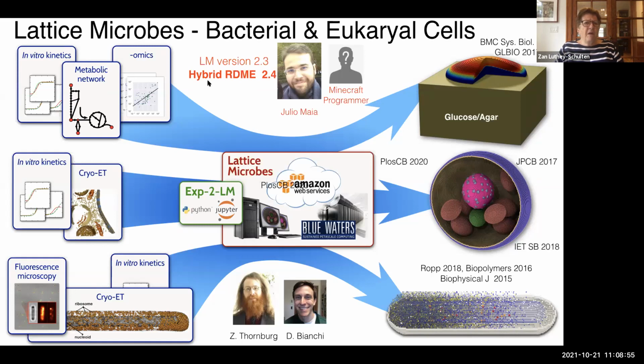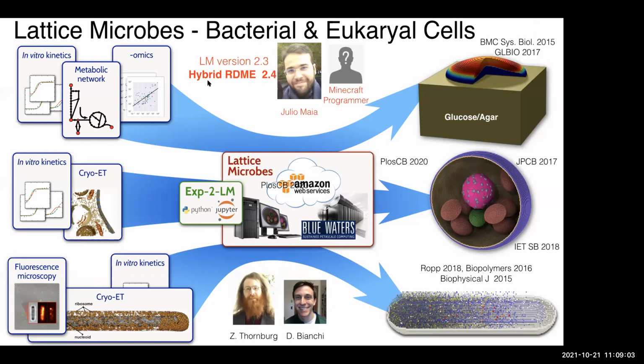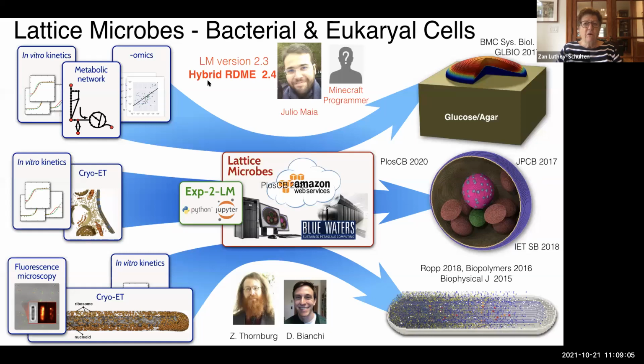We are making the code available for 2.4, and that is much easier for a user to use. The examples, the tutorials that we'll give you this afternoon are just a sampling of what happens when you simulate some of those reactions either stochastically or deterministically, and looks at some of the early studies that were done on E. coli, which I can show you in just a few minutes.